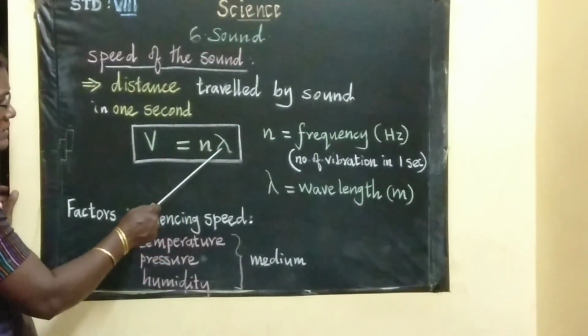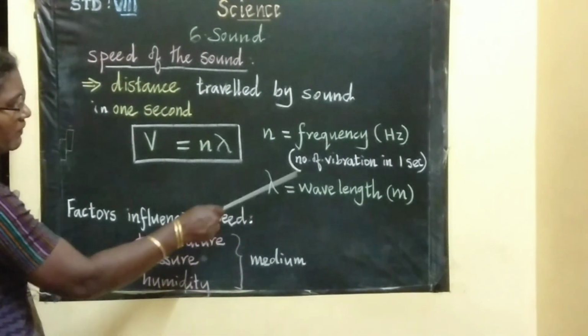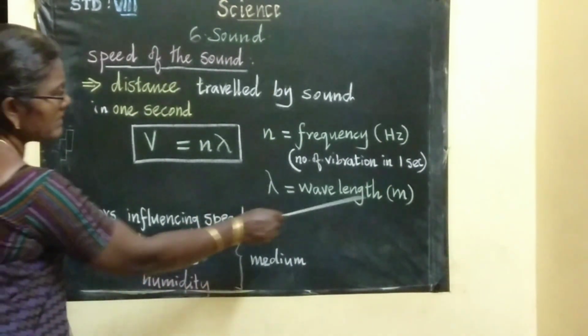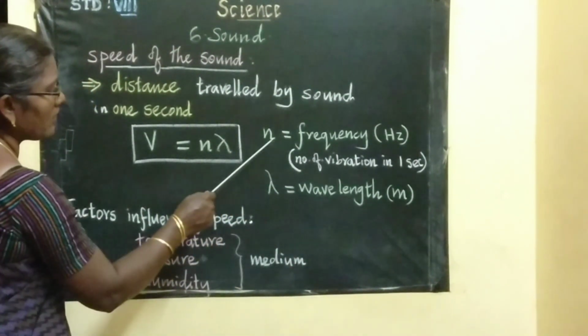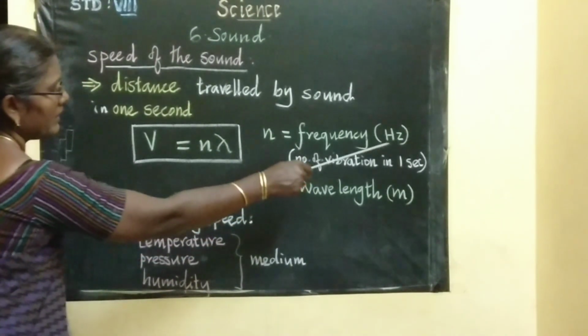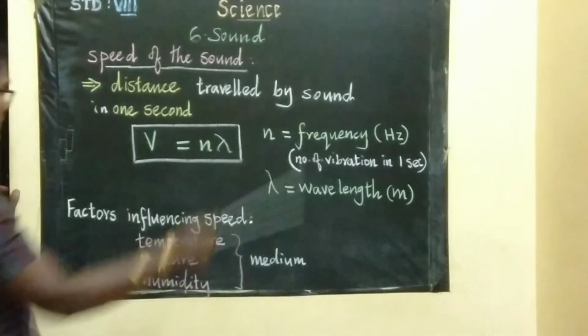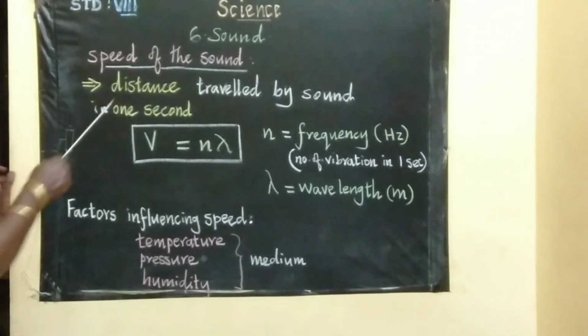And the next one is lambda. Lambda means wavelength. The unit of the wavelength is meter and the unit of frequency is hertz. Some factors influence the speed of the sound.